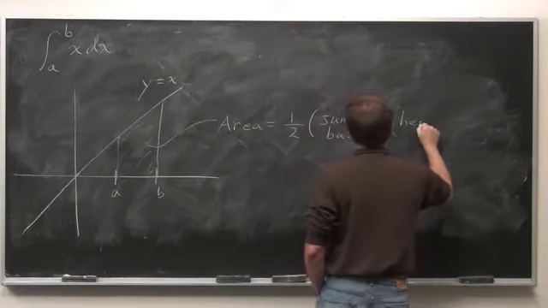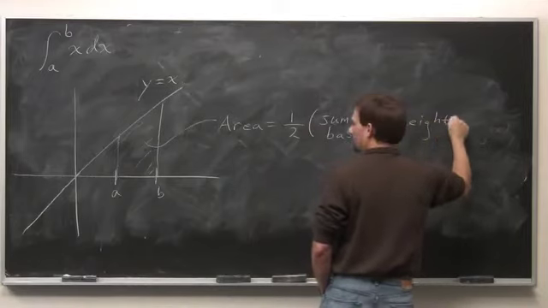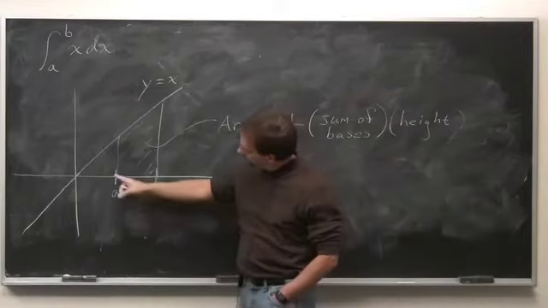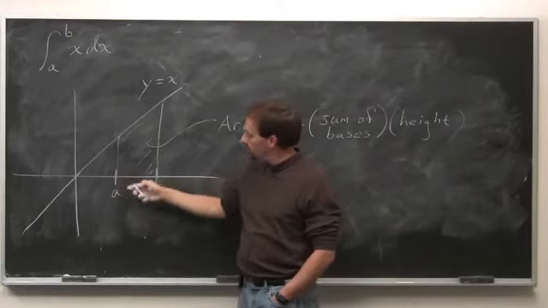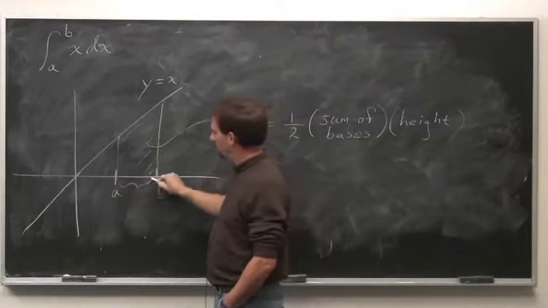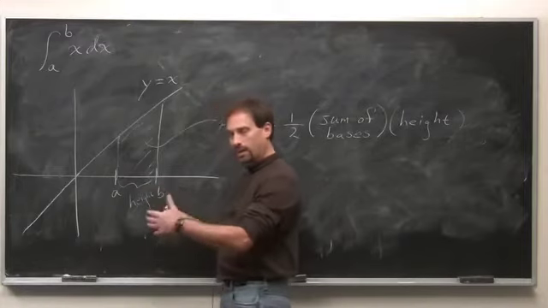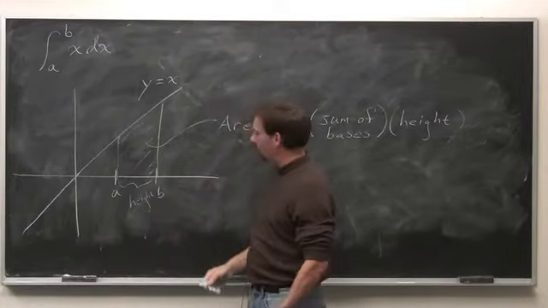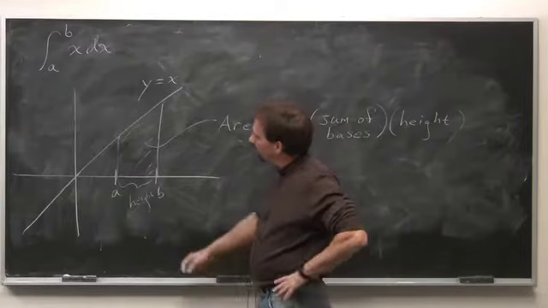The height is the perpendicular distance between the two parallel faces. That would be this distance right here. So this is the height. Even though, yeah, in our picture, you'd have to turn your head sideways to think of it as the height.